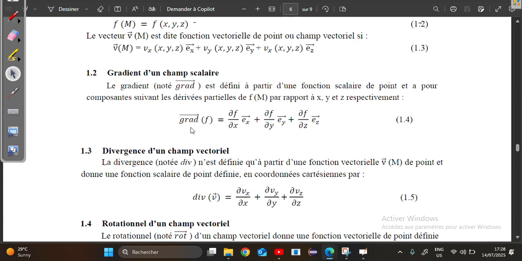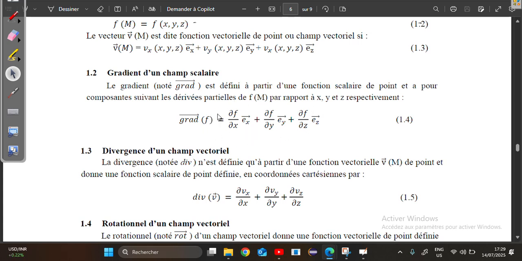This means the gradient is a mathematical tool that converts a scalar function. When I say a scalar, I mean something that just has magnitude but no direction. So it converts a scalar into a vector.